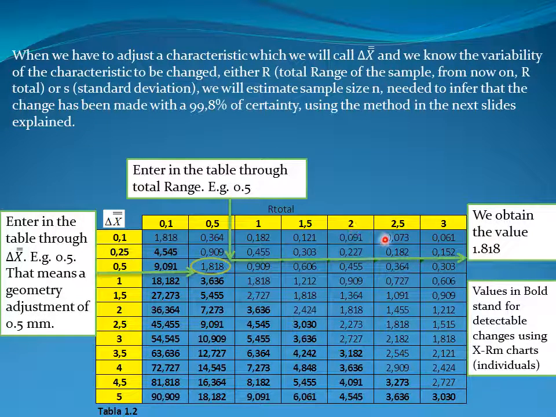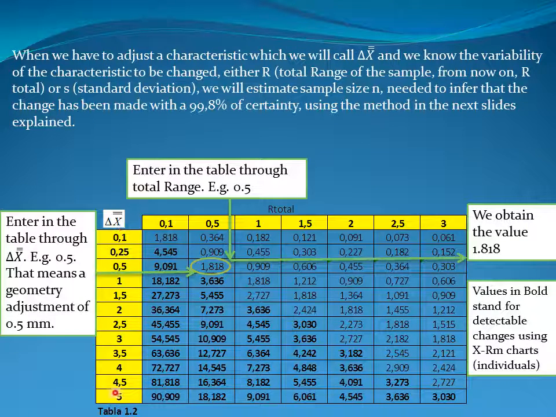Here we have the first table. This table has two ranges of values. One represents in columns our original process. This is the total range of our process, and this value can be gathered from our historical data.